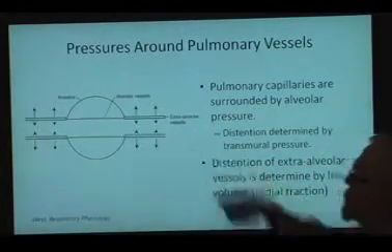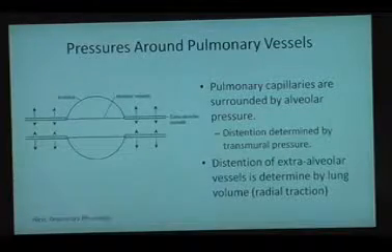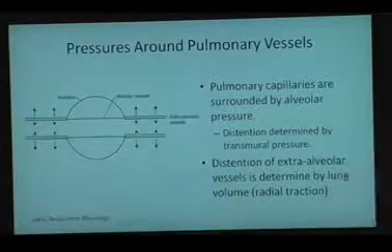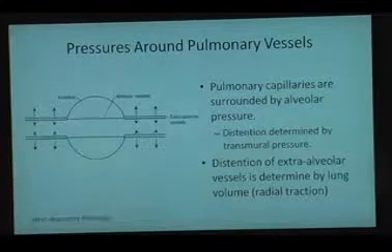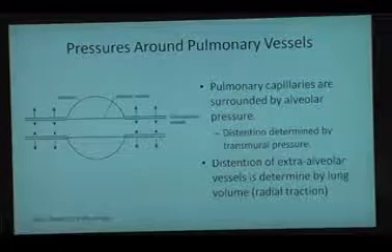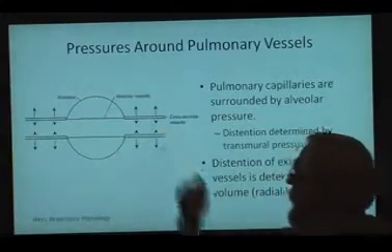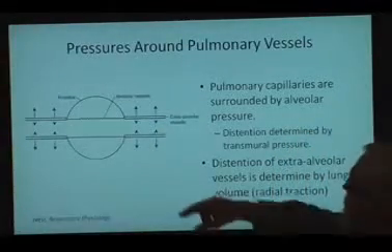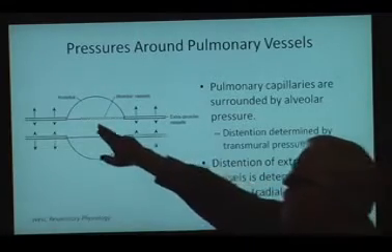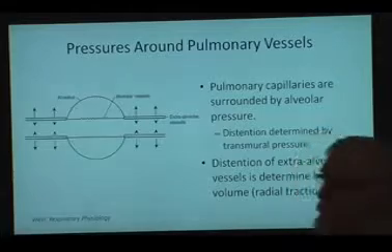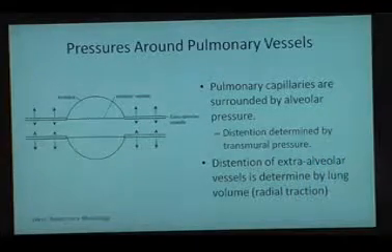So alveolar versus extraalveolar vessels. The pulmonary capillaries here, the alveolar vessels, are surrounded by alveolar pressure. And the distension of the alveolar vessels, or the pulmonary capillaries, is determined by the difference between the pressure on the inside, the vascular pressure, and the pressure on the outside, the alveolar pressure.